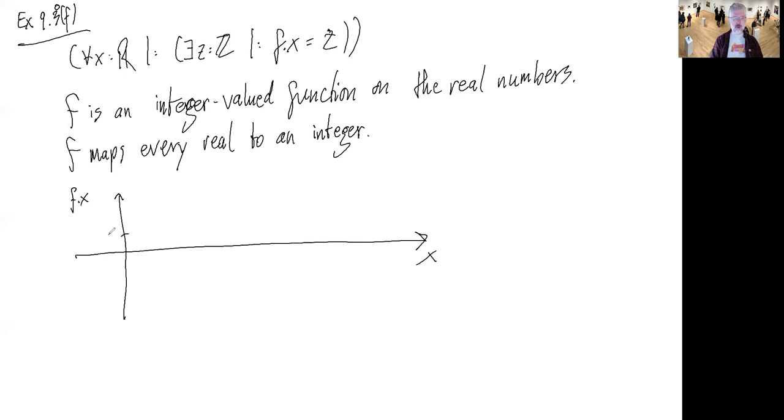So if this is 1, this is 2, this is 3, and this is -1, and this is -2, etc., F is going to always take values that are on these lines, right? F is never going to be between the integer values.